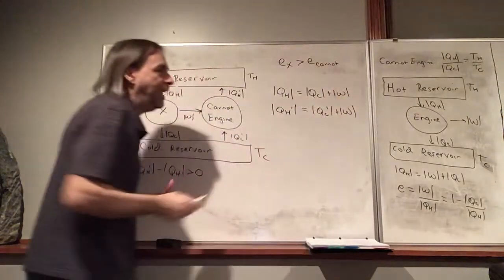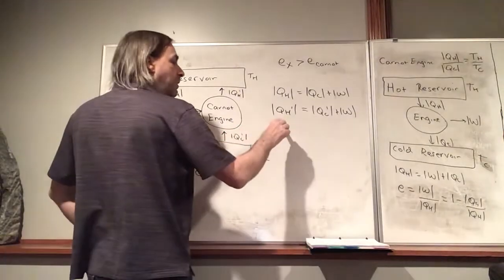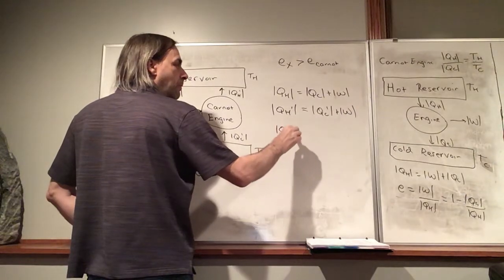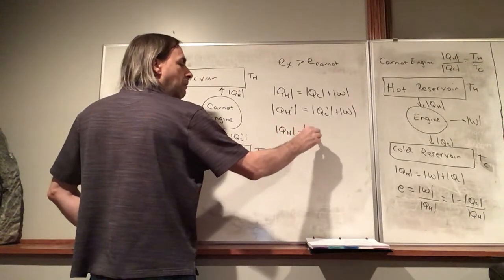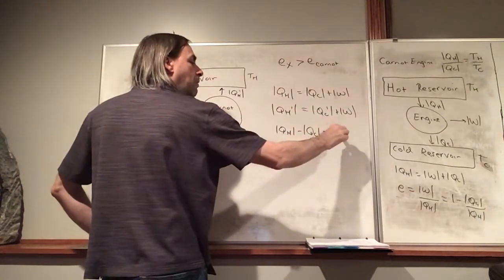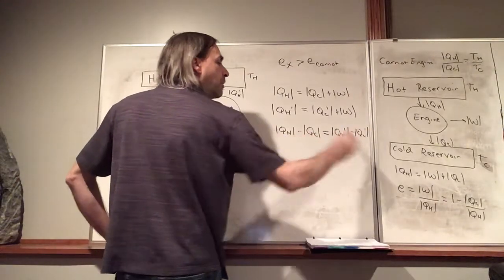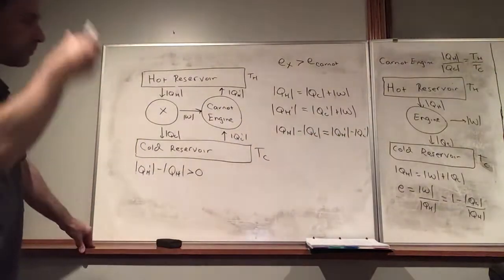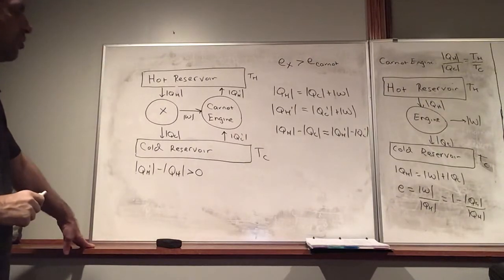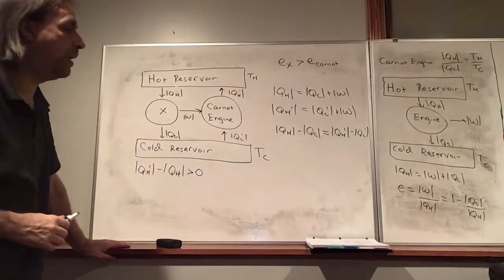So if we solve each of these equations for W, we can say, like here, W is QH minus QC. And looking at this equation, W is QH prime minus QC prime. And so what I'm going to do is just move terms around. Like here we have QH prime minus QH.